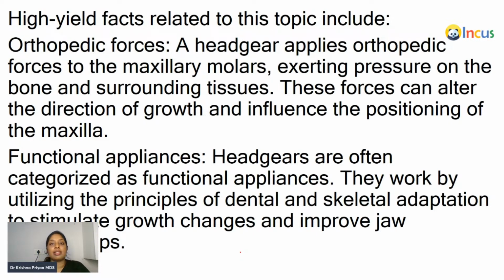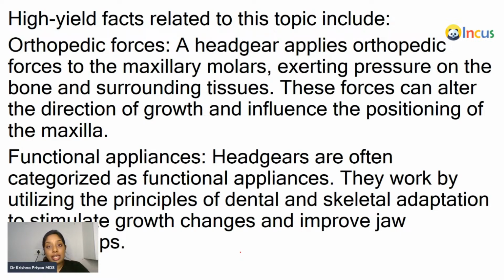What is a functional appliance? They are appliances which are used when the patient is in their growth spurt, when their bones are growing, or whenever the patient has a skeletal class 2 or class 3. Functional appliances like activator, bionator, Frankel or twin block are given in order to correct their maxilla or mandible to an optimal position.